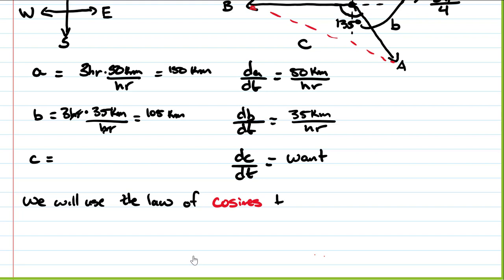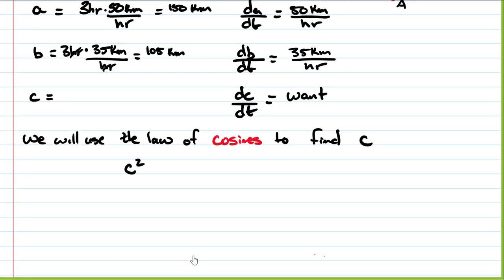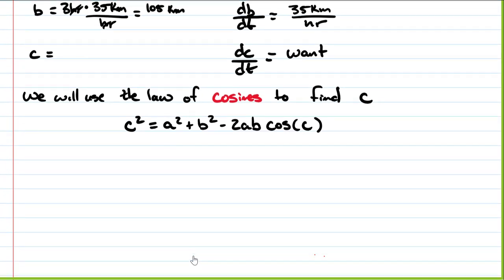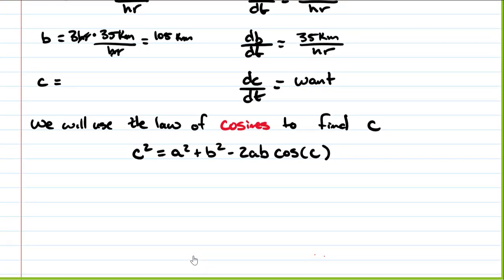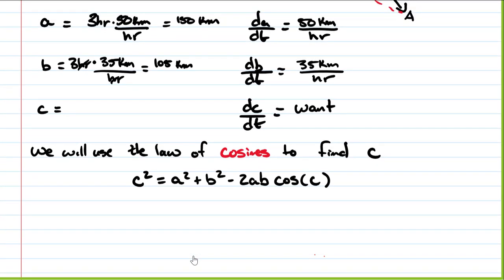The law of cosines is c squared is equal to a squared plus b squared minus 2ab times the cosine of the angle c. This is the generalization of the Pythagorean theorem that works for any triangle. So first things first, let's go ahead and solve for c.